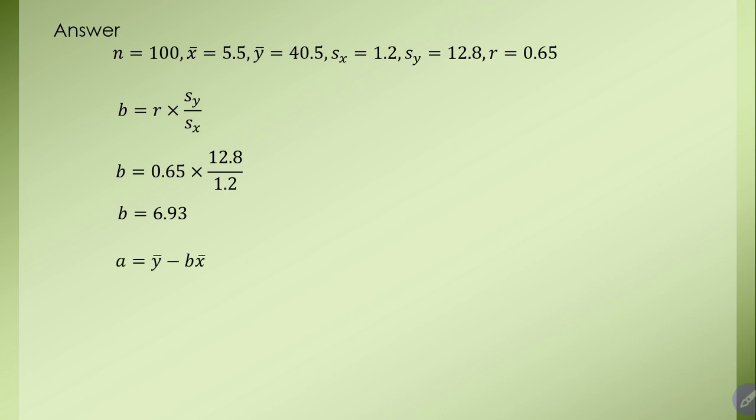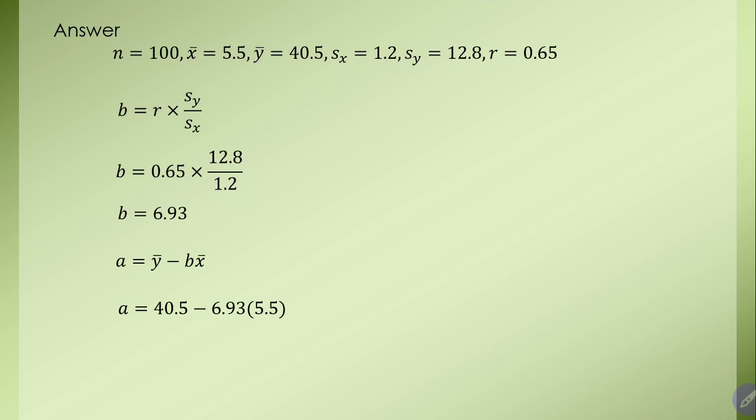And then we will solve the next step. What is the next step? It is Y bar minus b x bar. Now you can see Y bar is 40.5, b is 6.93, and x bar is 5.5.